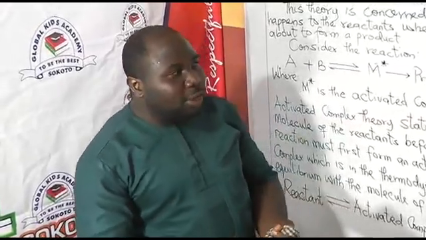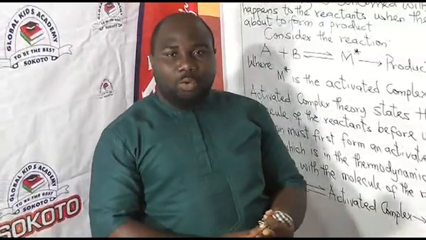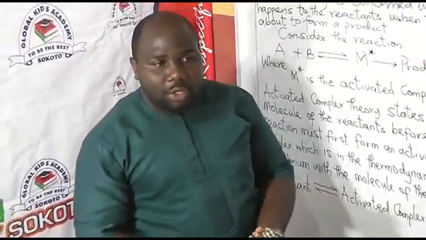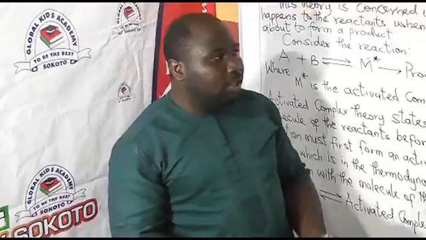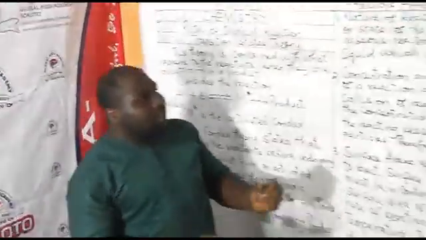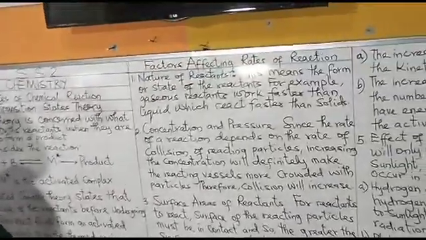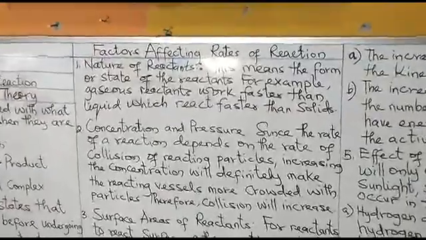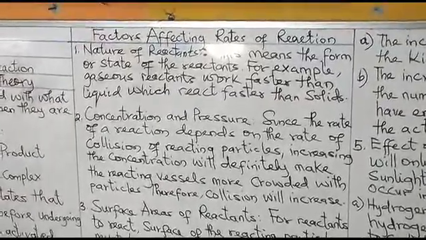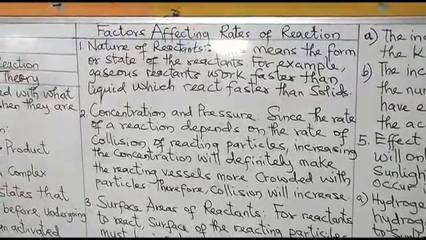And also, the rate of reaction for solid reactants tends to be slow. So when you have solid reactants, you cannot compare the rate of reaction with that of liquid. So I wrote here that gaseous reactants work faster than liquid, and liquid also reacts faster than solid.